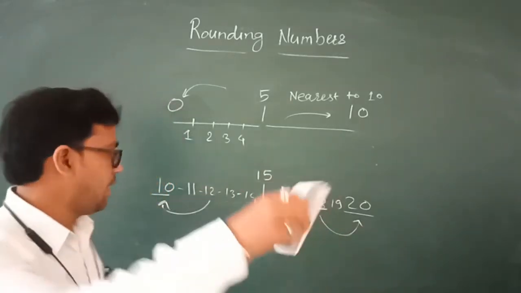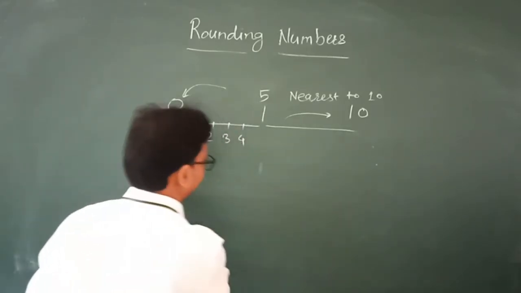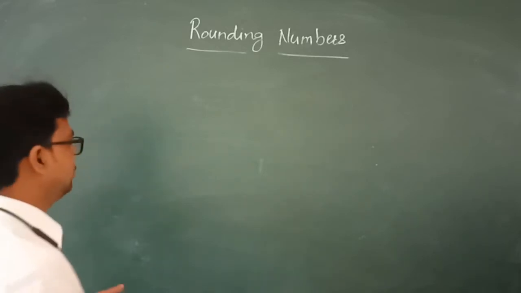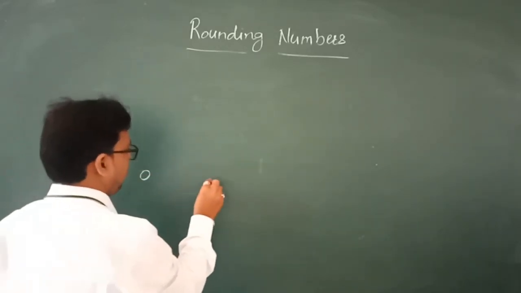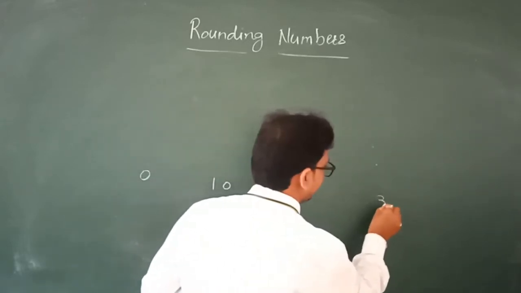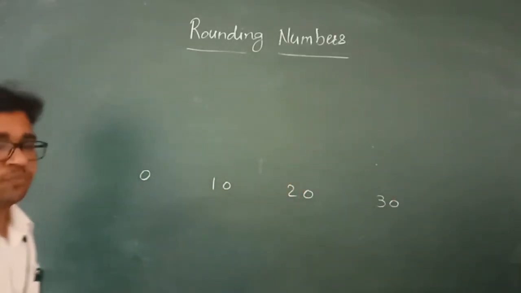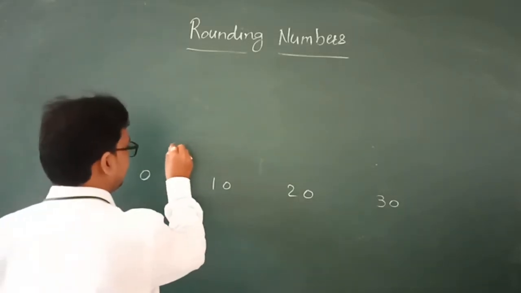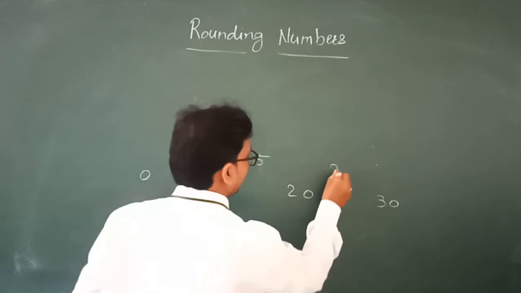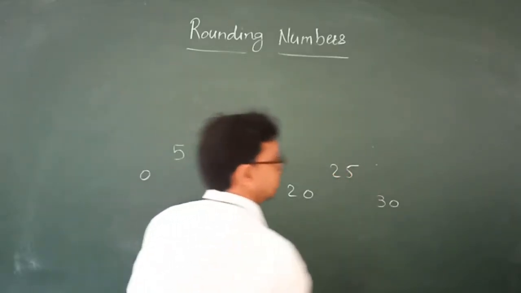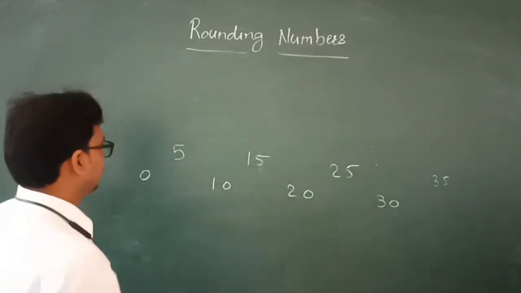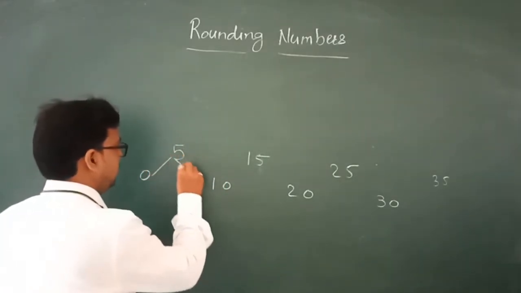The nearest tens of 18 is 20. Right? We take some more examples. Suppose here it is 0, 10, 20, 30. The middle terms are 5, 15, 25, and here it is 35.